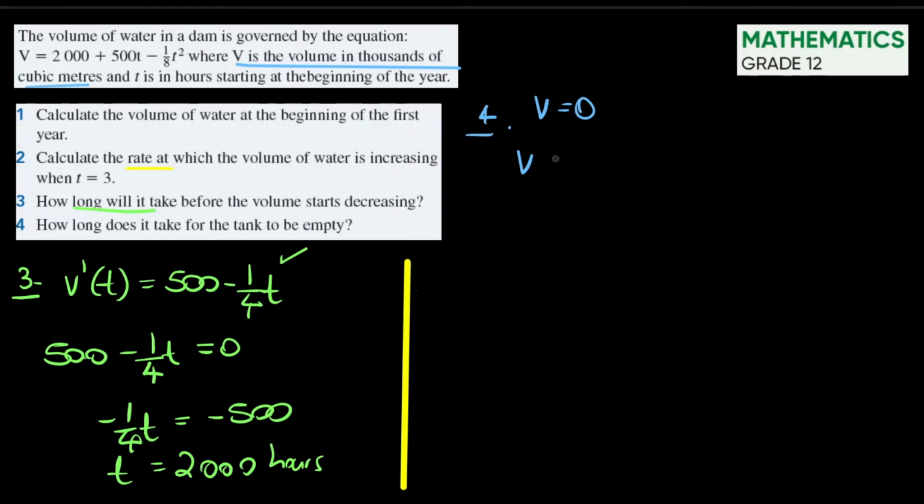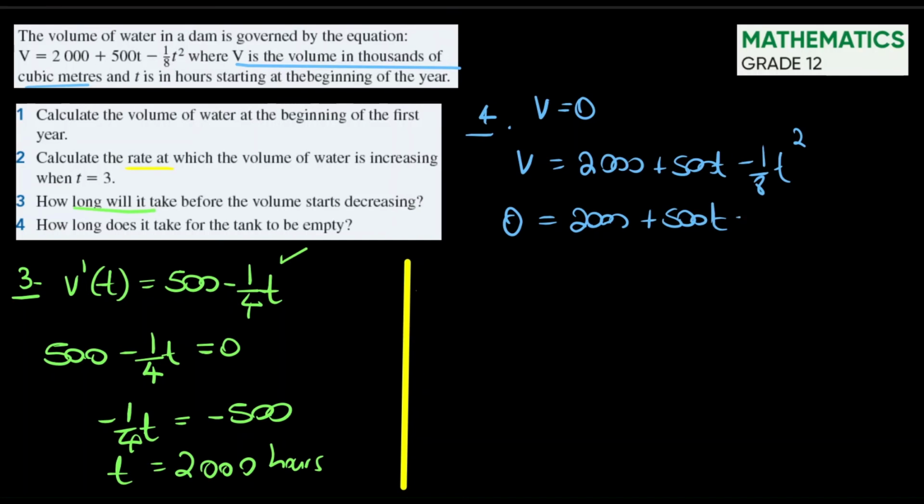So we'll take our original equation, 2000 plus 500t minus 1/8 t squared, and you're going to equate it to 0. So therefore we can write this as 1/8 t squared minus 500t minus 2,000 equals 0.